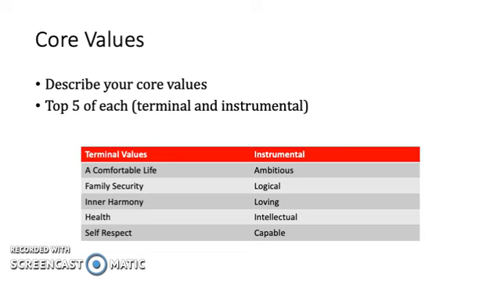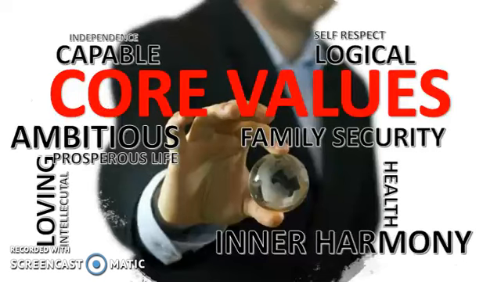This section here, I took the Rokeach survey and found my terminal values and my instrumental values, and I found a way to make a really inviting visual here. One suggestion I might change for this is changing the colors so it's easy to see which ones are my terminal and my instrumental values.